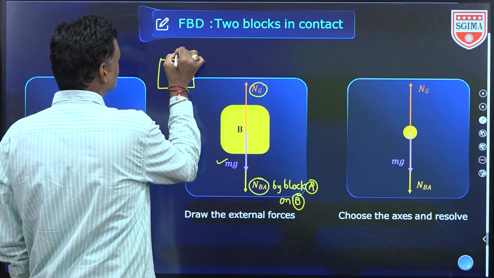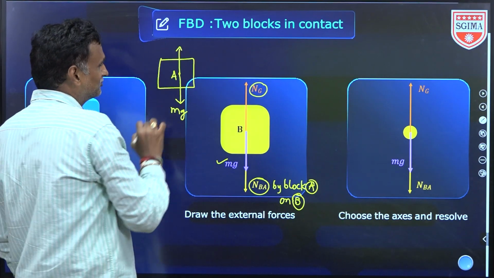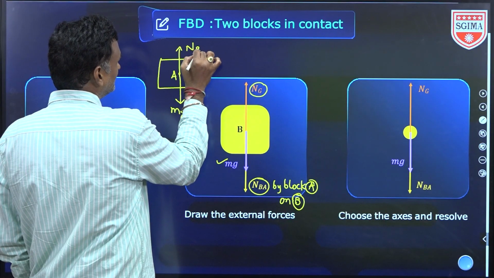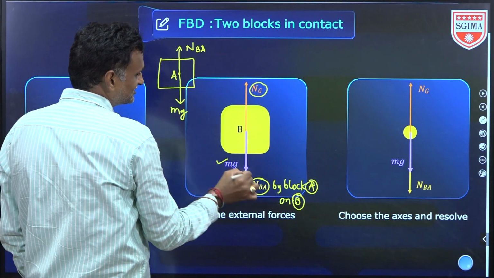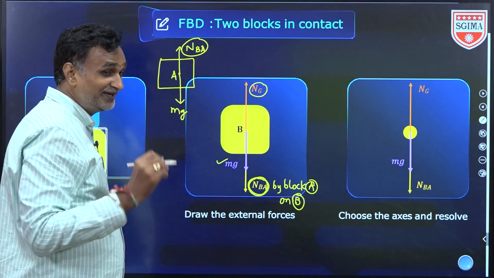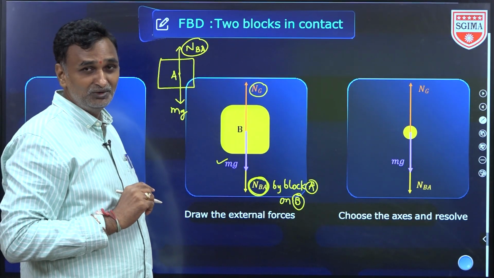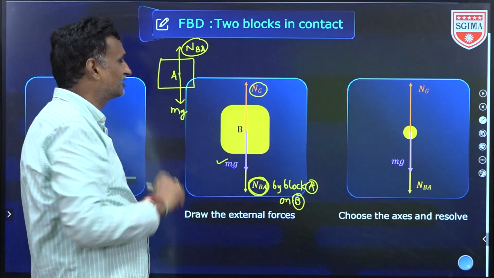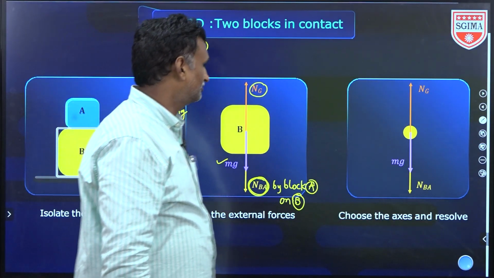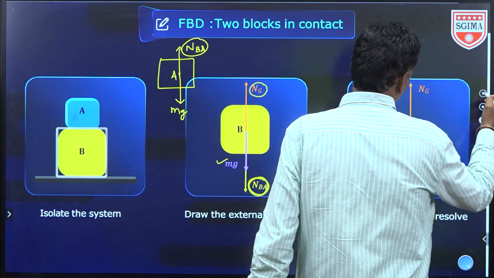So here the normal force by block B on A, this value will be the same on both the blocks, but directions are opposite. So this is the point we can get for the case of block A, right? Let us move on to the next slide.